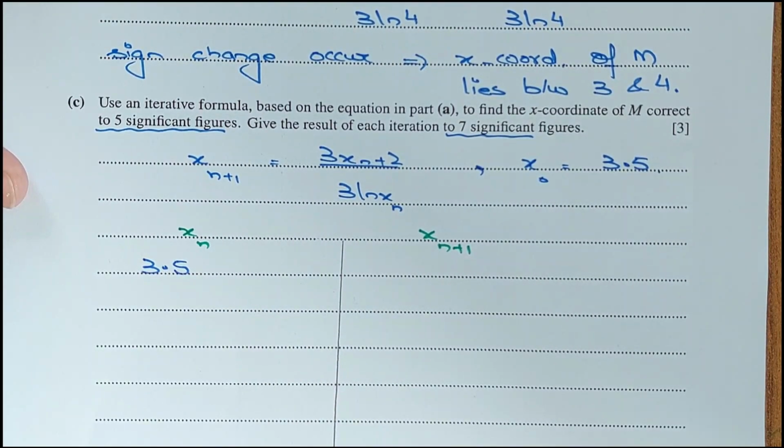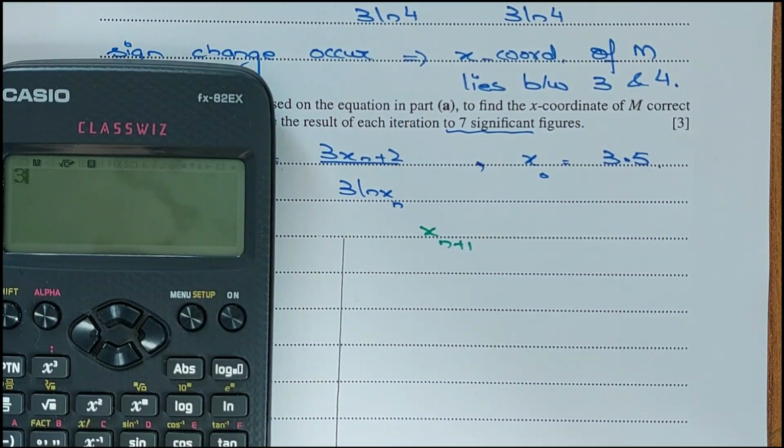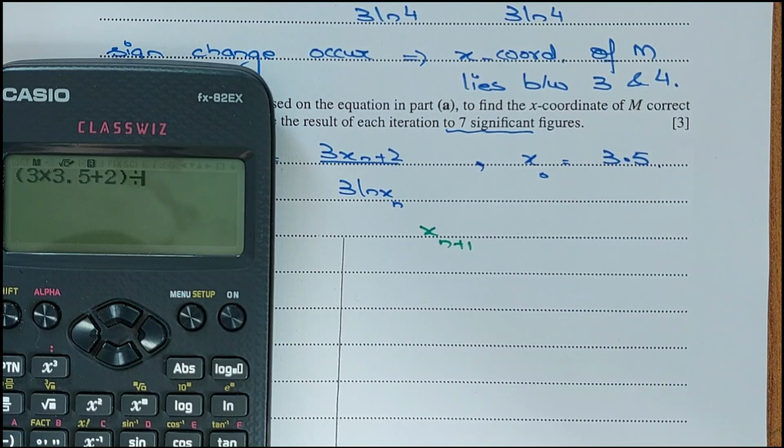So for 3.5, we can say 3 times, let me use the bracket, 3 times 3.5 plus 2, divided by 3 ln 3.5.